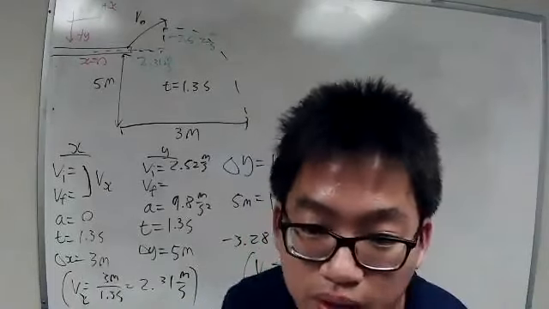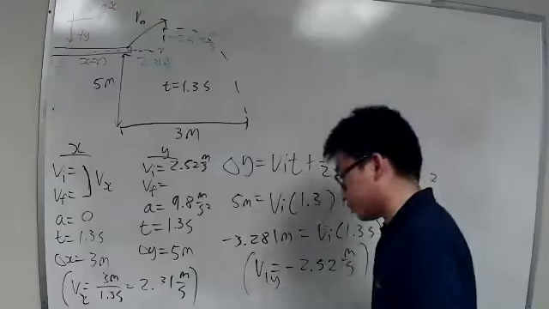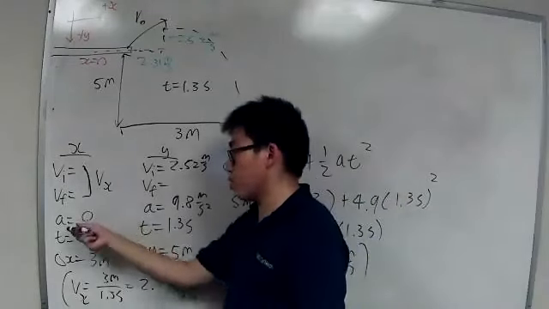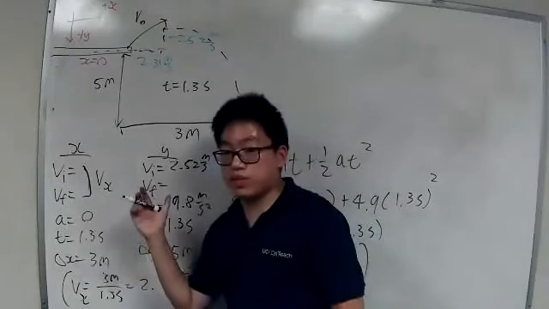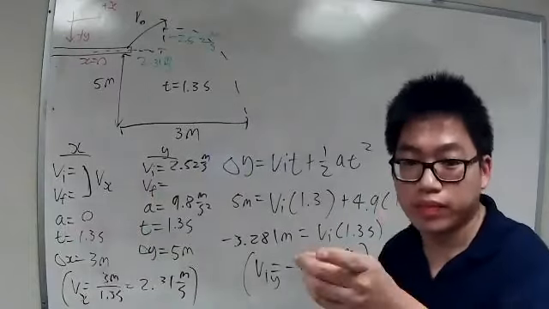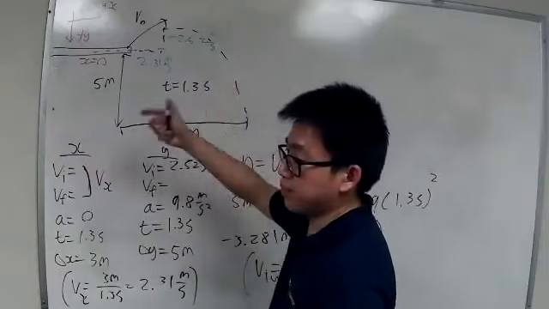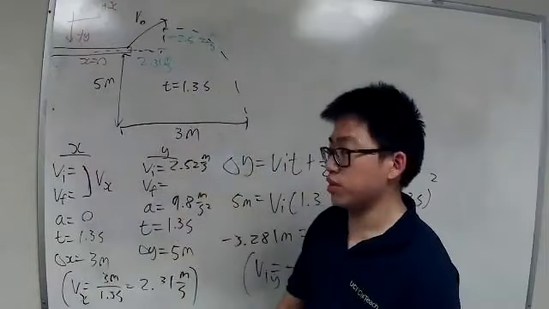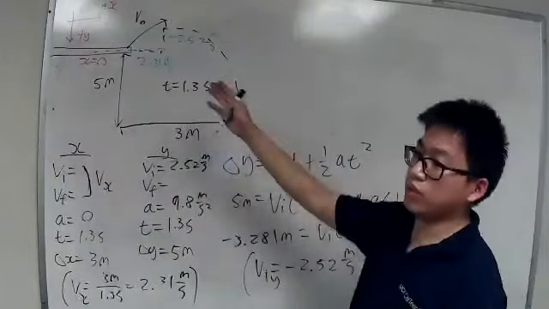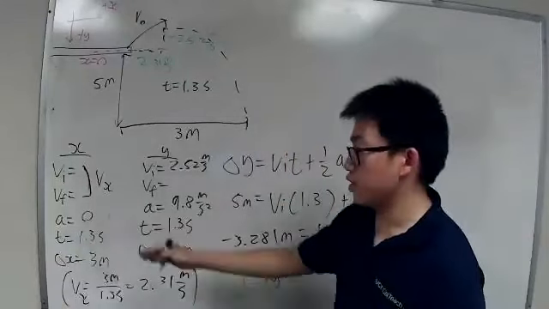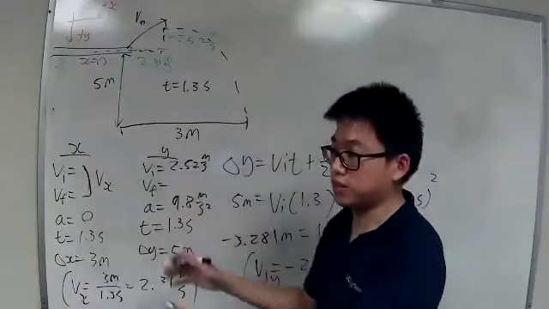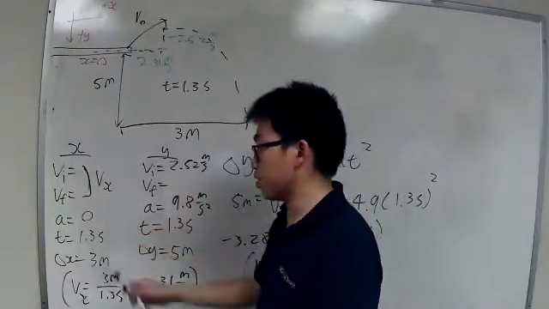Before I continue, Margaret asked, why are they equivalent again? To repeat, in the x direction, acceleration is 0. As Chris said, there's no acceleration, but as to why, it's because, like I said, unless the problem explicitly says so, usually in projectile motion there is no acceleration in x.